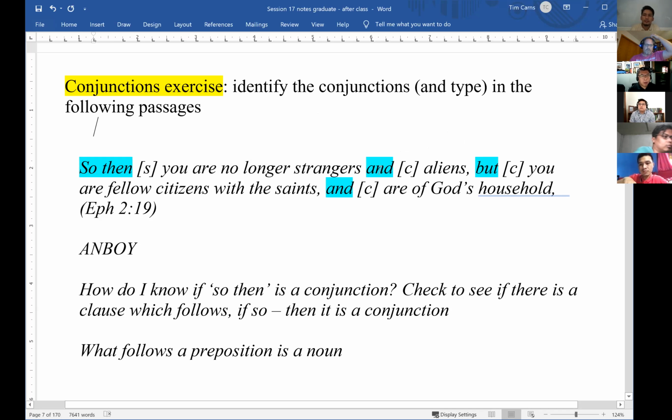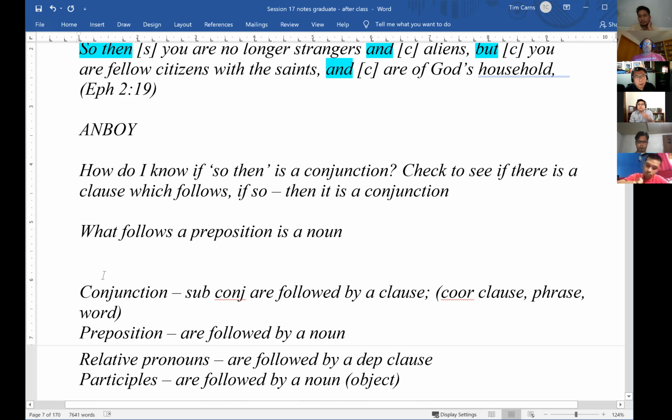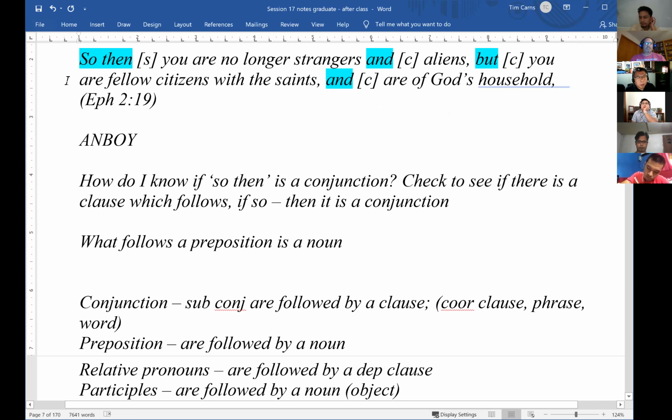So what I'm trying to show you is what to do if you have any question about whether it's a preposition or a conjunction. Are there any questions on this? What I'm trying to do is help you identify whether or not this word is a conjunction, because this is going to help us later when we get to prepositions and figuring out how those work. All right.